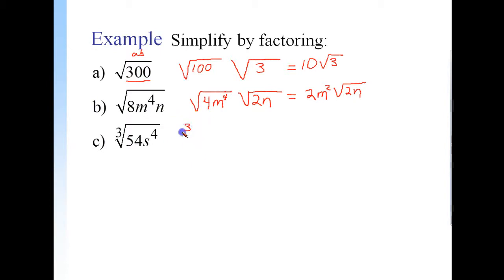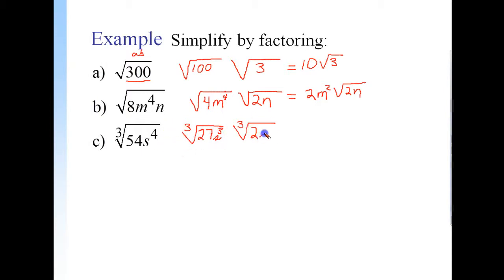Now this one, note, is a third root. So our technique is to put two radical signs, each with the same index number. And now we're looking, is there a perfect cube factor in 54? Well, if we divide 54 by 2, we get 27, which is a perfect cube, and then 2. And in s to the 4th, what would be the perfect cube? S to the 3rd.